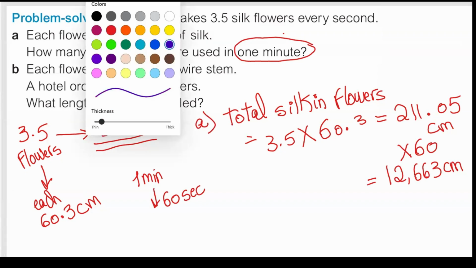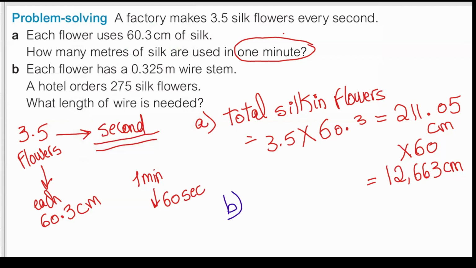Let's go for question B with a different color. Each flower has 0.325 meters wire stem. An hotel ordered 275 silk flowers. So you need to multiply the amount in one flower times 275.